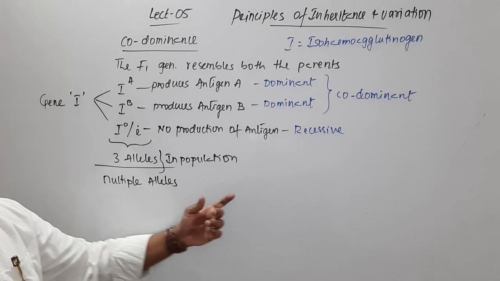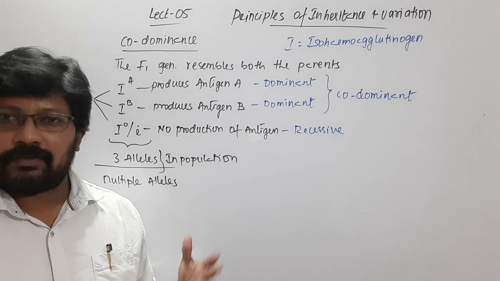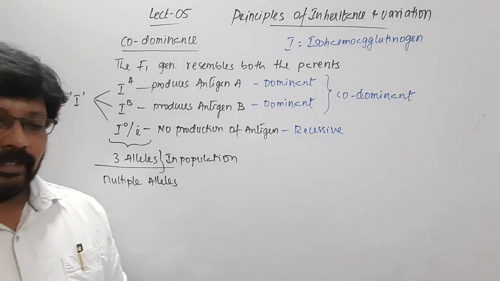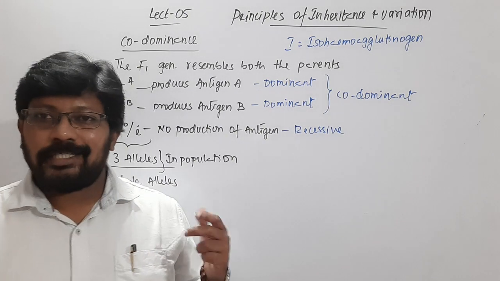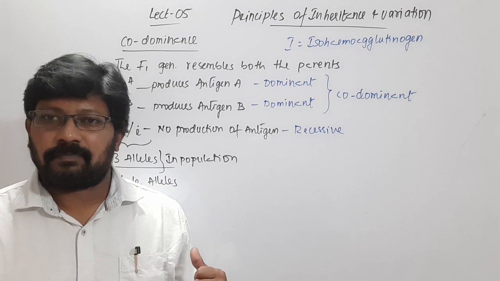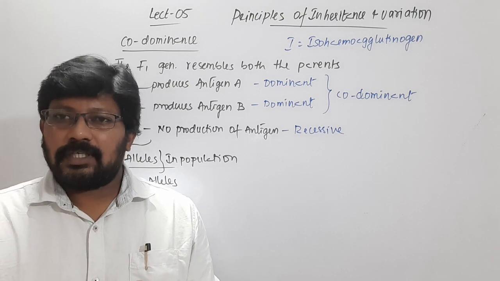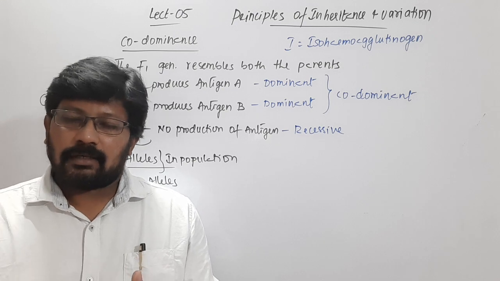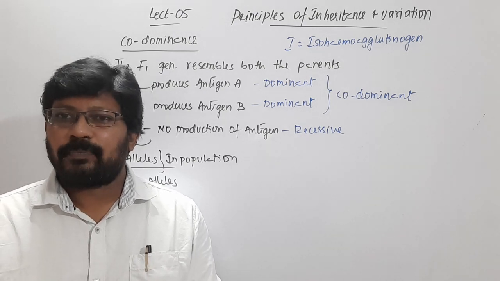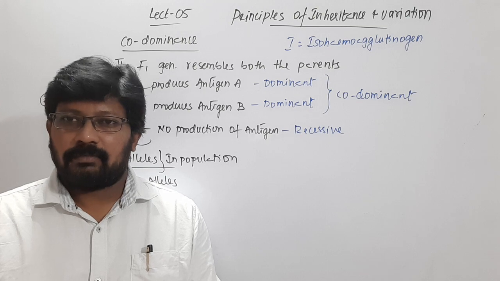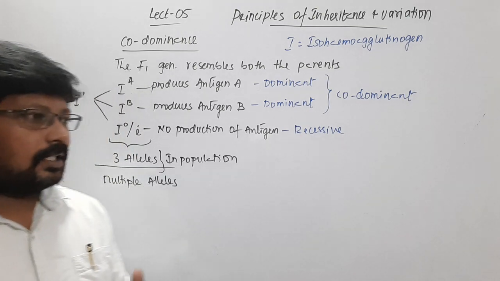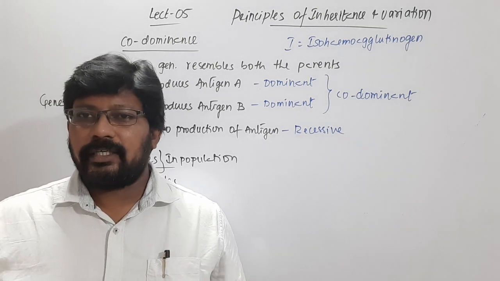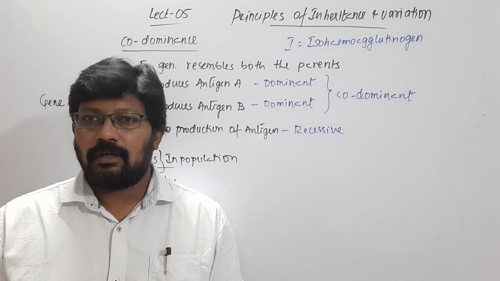But here we have come across a new situation. When Mendel was doing experiments, he did not come across such a situation. And even incomplete dominance, discovered by Carl Correns, Mendel did not come to know about. That is why I have given the title, deviations from Mendelian laws.